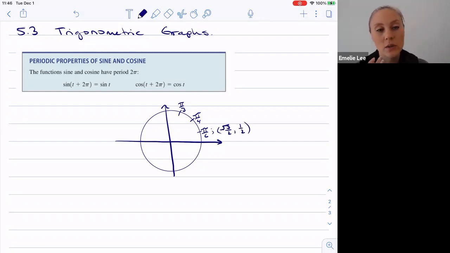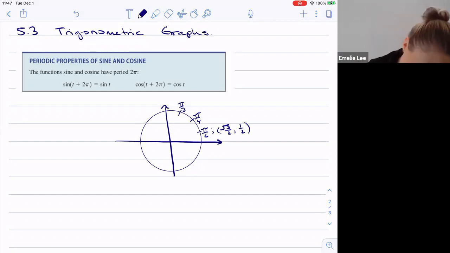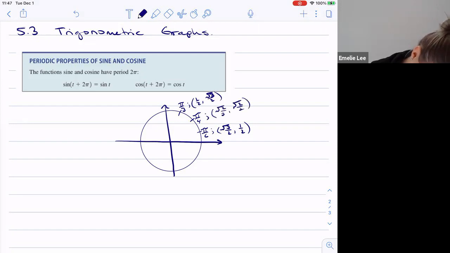It's really worthwhile remembering these terminal points because they happen again, for positive and negative values of x and y. So root 3 over 2, 1/2, and then pi over 3 is the opposite, 1/2, root 3 over 2, and pi over 4 is the easiest one, root 2 over 2, root 2 over 2.